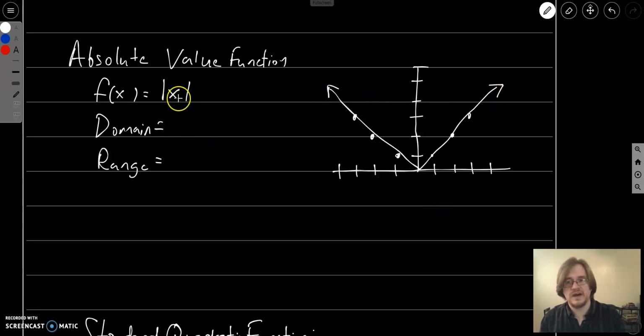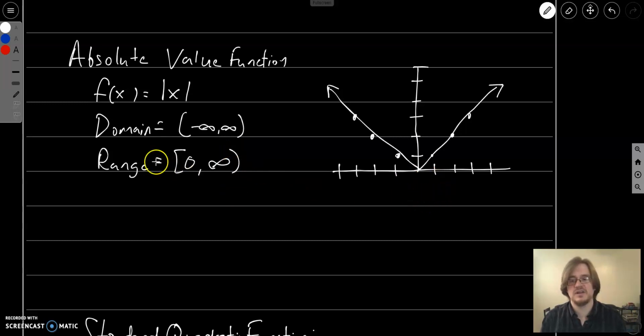So the domain, what values can we plug into the absolute value? Well, we can plug in anything we want. But the range, all of the possible heights, we can only get positive numbers if we plug something into the absolute value. So we can get 0 by plugging in 0, and any other positive number, but we can never get a negative number. So the range is going to be anything 0 and up. We can see that on the left-hand side, this is a decreasing function.